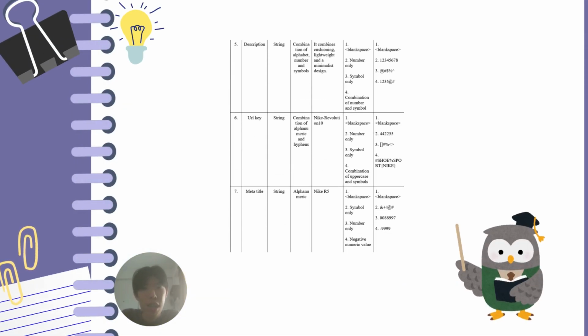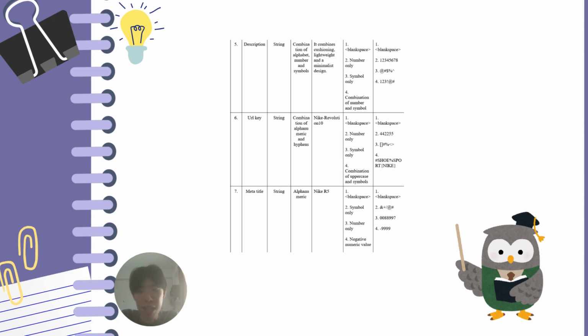Here are the other three attributes of the product screen, which are the description, hierarchy, and metadata. For the description, a valid input like "it combines lightweight and minimalist design" is accepted, but blank space, numbers only, symbols only, or certain combinations are rejected.